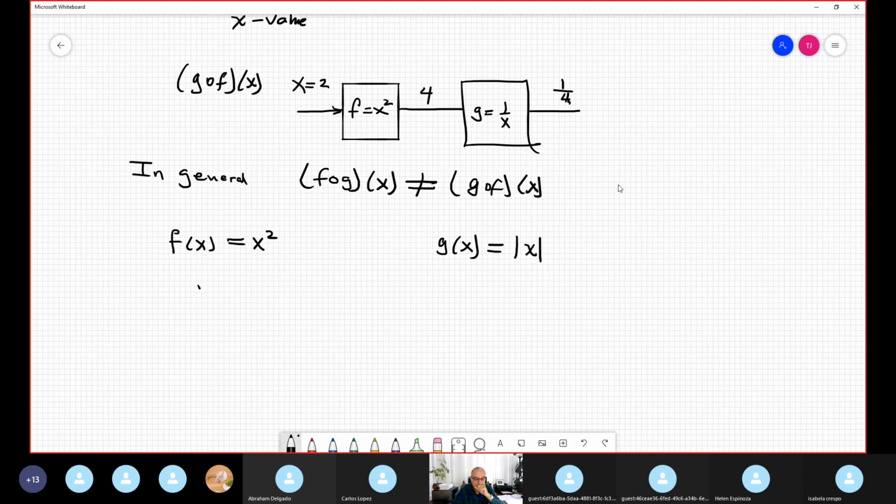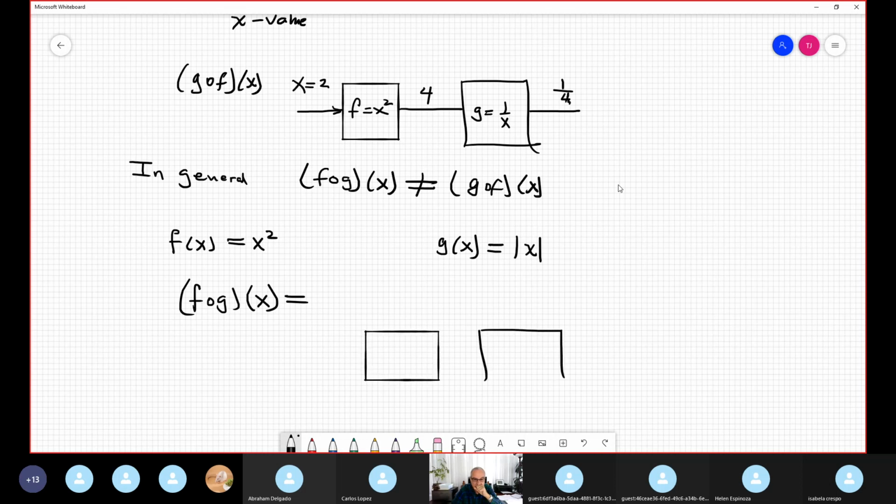Entonces the composition f composition g of x is, I have no idea, two boxes. Remember, connecting by this, the first function is g, the absolute value. G is the first one, plug it in. And the second is x squared.